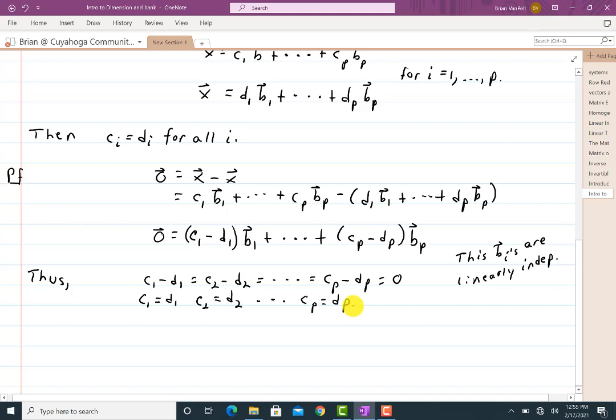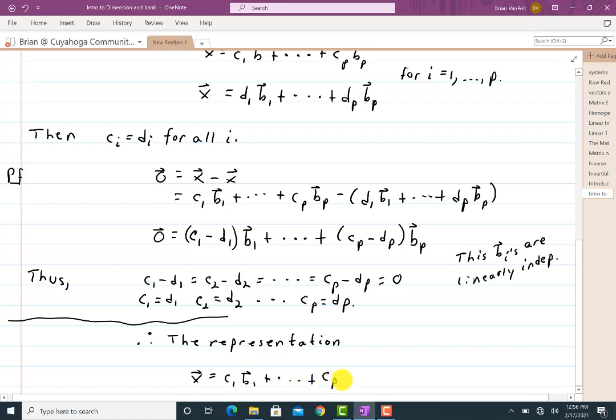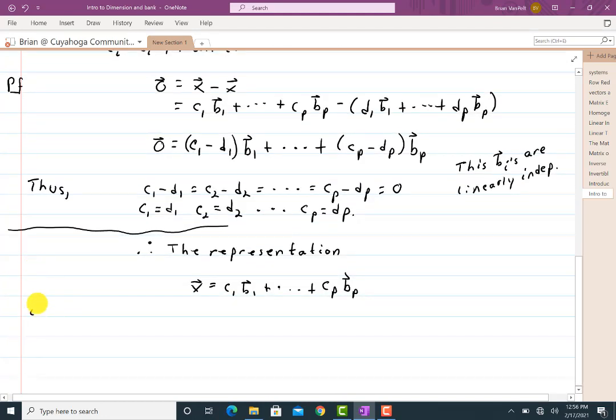We can always write a vector in terms of basis vectors, and this is just saying that it's unique. So let's go ahead and put that. Therefore, the representation X equals C1 B1 plus dot dot dot plus CP BP is unique.